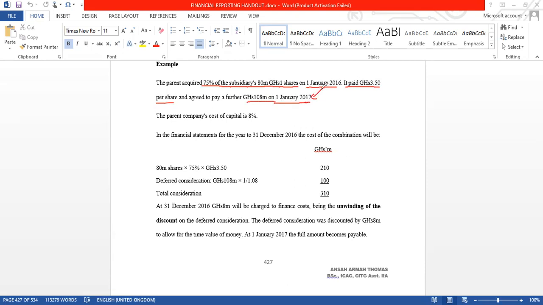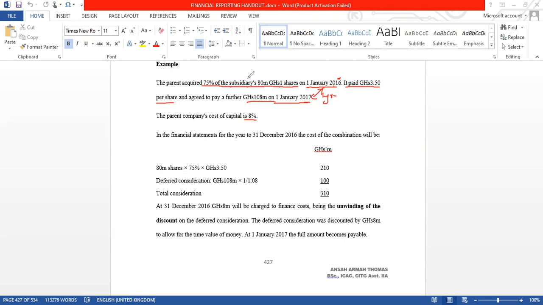So we have 1 year. They will pay the balance in 1 year's time. Because we will need a rate to discount, they've given us 8%. Since we are preparing the financial statements to 31st December, you will have to PV this to this date. And that is what you have.